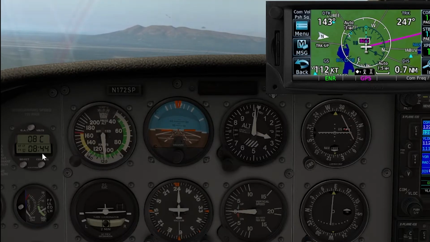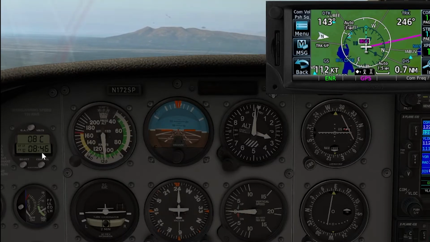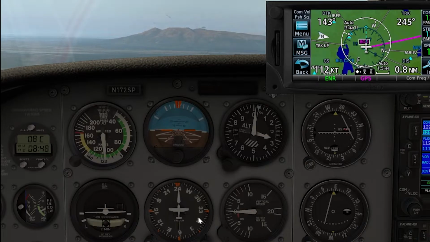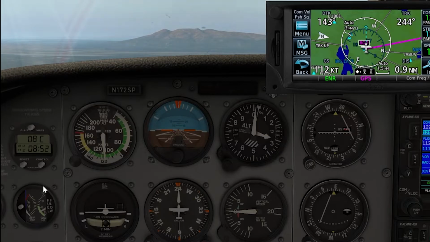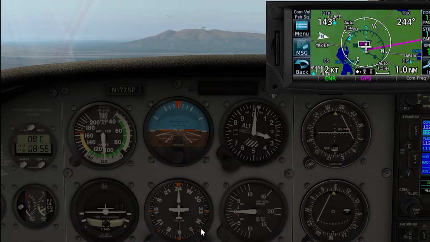There you go, we're level, 8:45. So 9:45 would be our return turn. We're going to turn left all the way, and I like to look at, if it's a left-hand turn, this side of the compass.